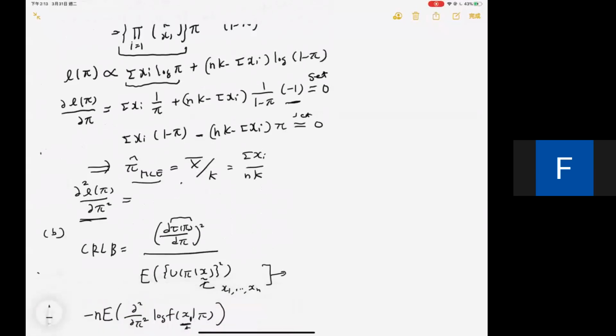If you have your first derivative set to 0, then your second derivative would be, I think there are easier ways to do it, but if you do it straightforwardly, minus 1, then plus nk, then minus summation of xi, minus pi to the minus 2.